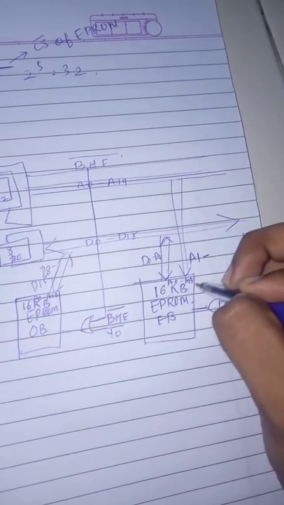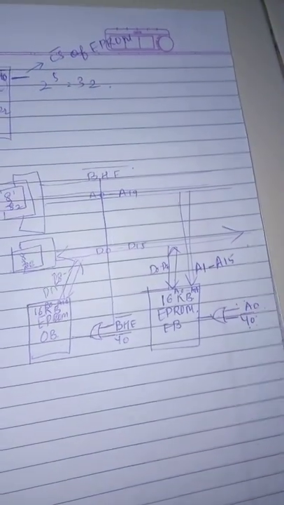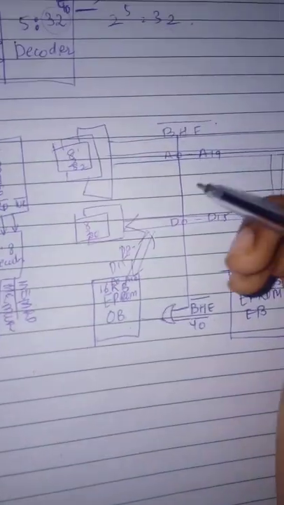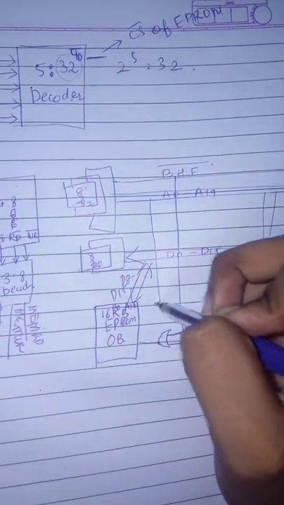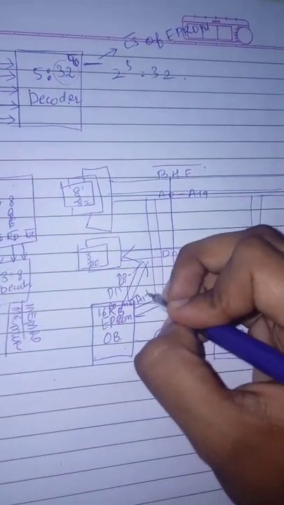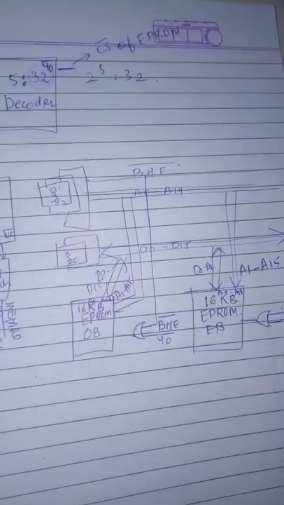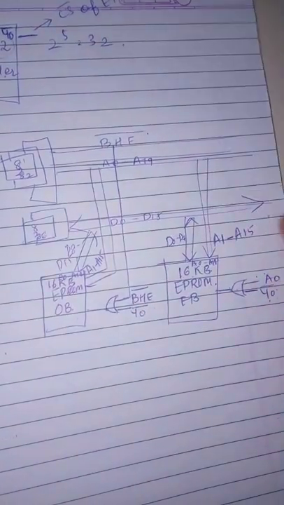Now as it is 15 bits, we'll take A1 to A15. Similarly here we will do the same, A1 to A15. So that's it, we are done with interfacing.